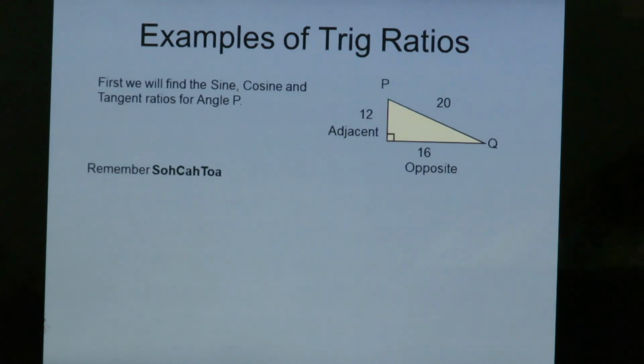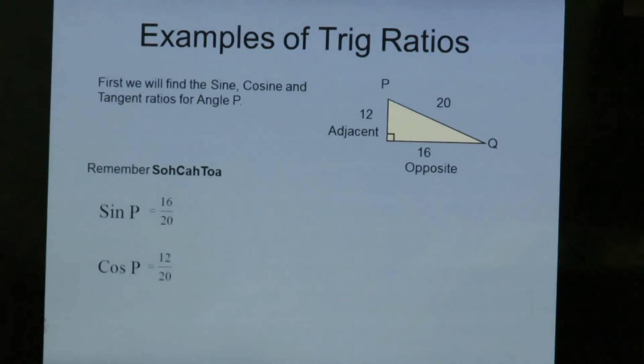Now remember SOH-CAH-TOA. Sin P: O is opposite 16 and hypotenuse 20, so sin P equals 16 by 20. Cos P equals 12 by 20, 12 being the adjacent side and hypotenuse 20. Tan P: TOA, so 16 by 12, the opposite 16 and the adjacent 12.